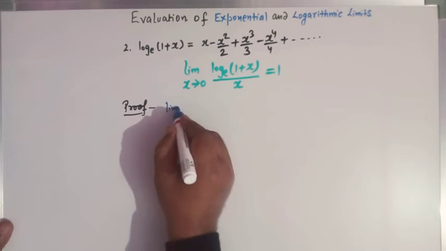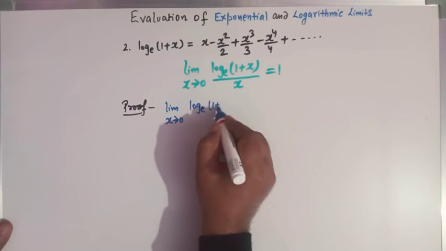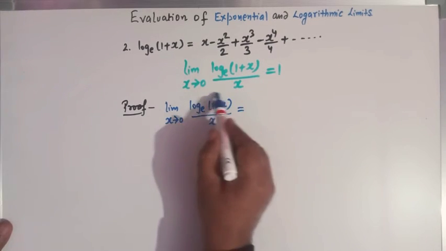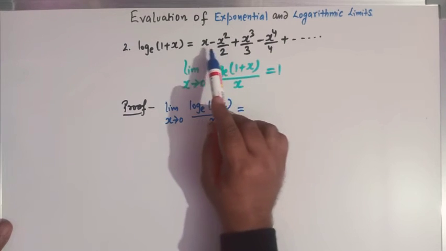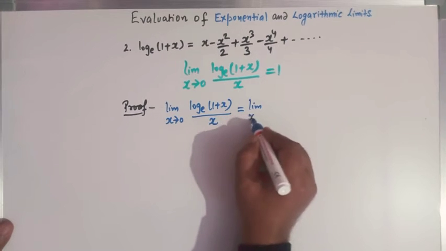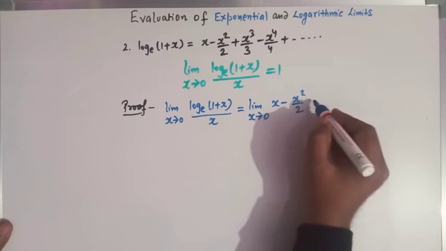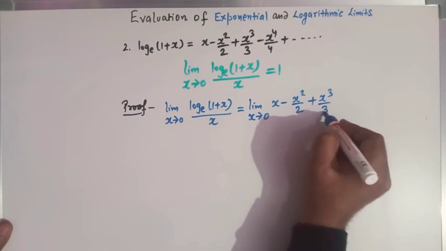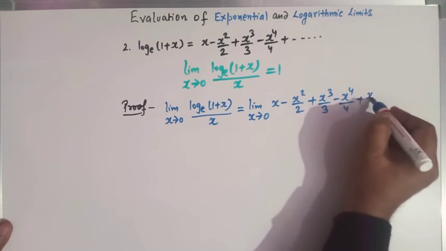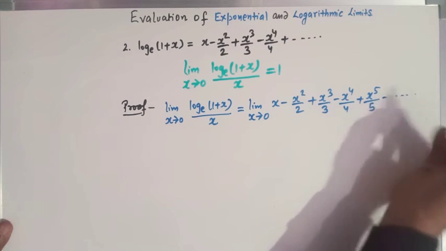So here we have limit x tends to 0 of log of 1 plus x to the base e divided by x. Now for this term we can substitute this series, right? So here we have limit x tends to 0, and this is x minus x square by 2 plus x cubed by 3 minus x raised to 4 by 4 plus x raised to 5 by 5 and minus and so on, right?